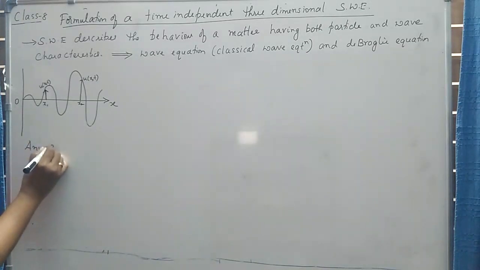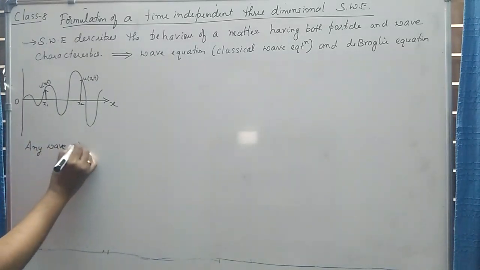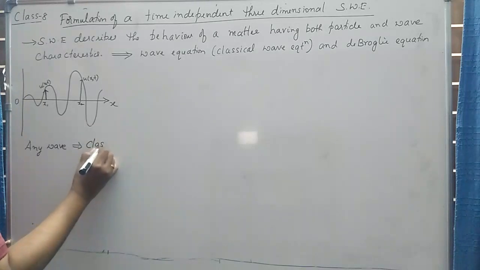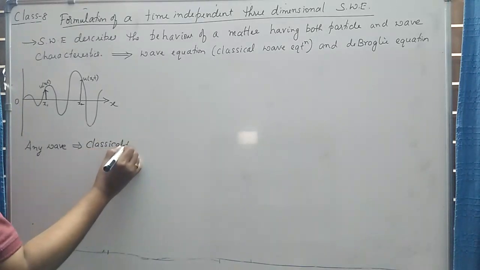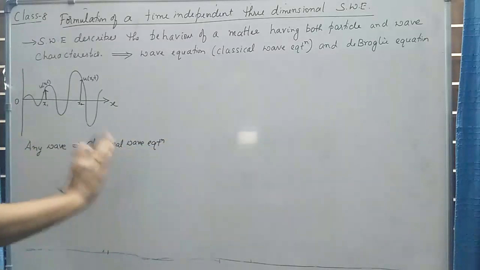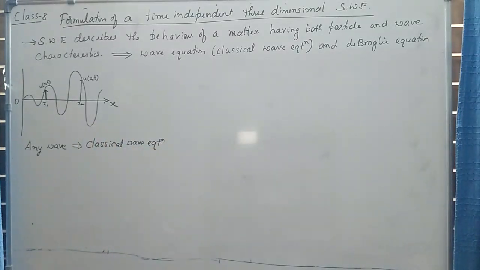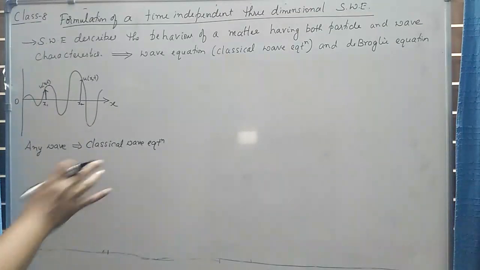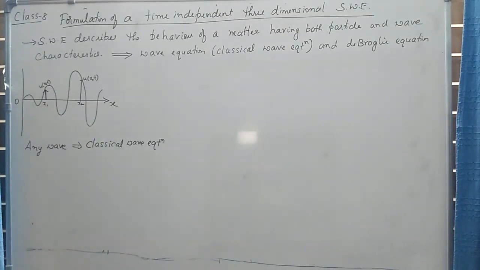Any wave can be represented by a classical wave equation. Okay, this we are directly borrowing from physics, that any wave can be represented mathematically by an equation called the classical wave equation.